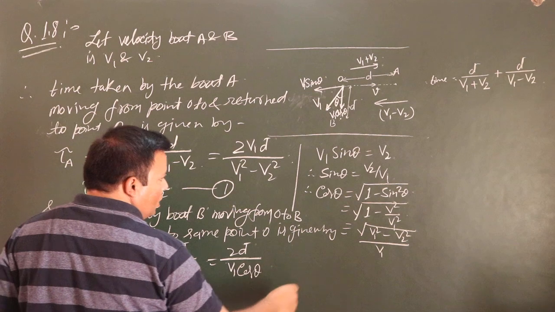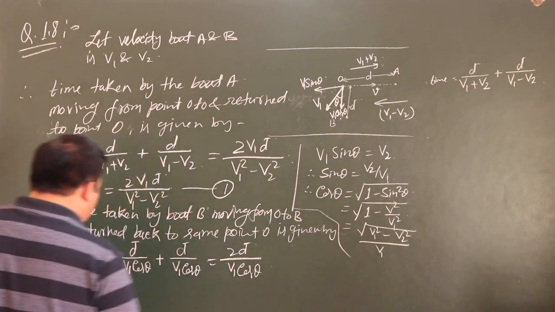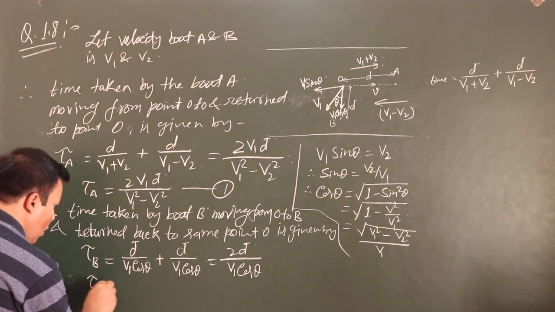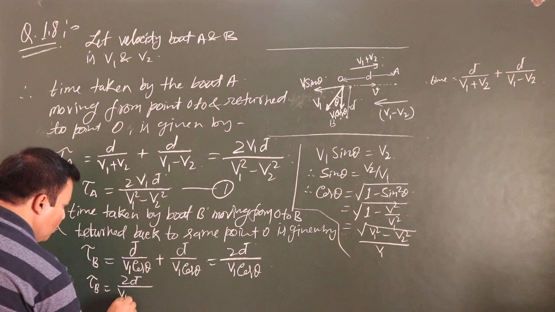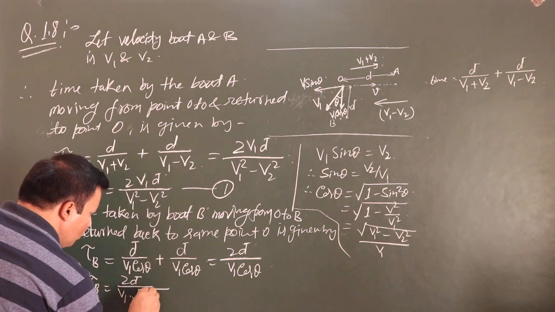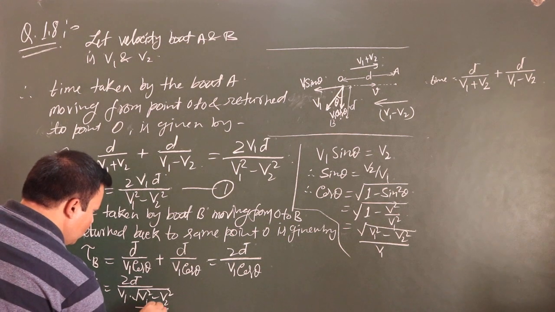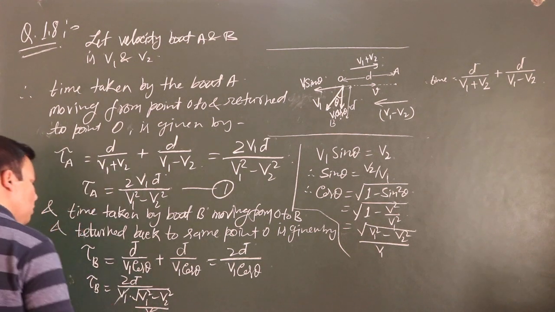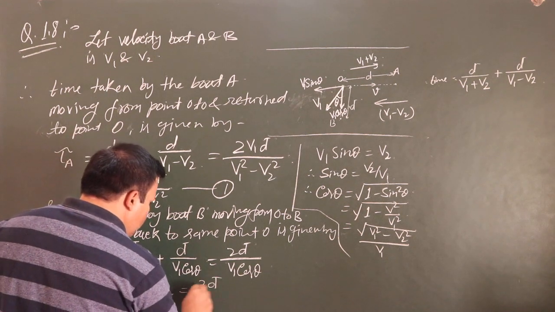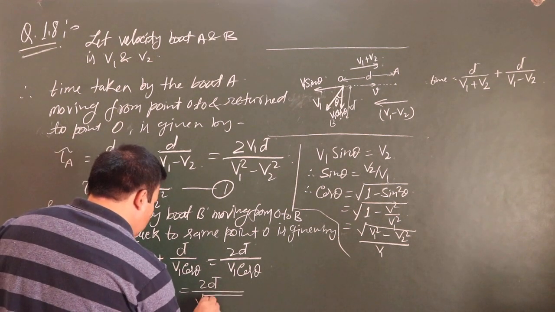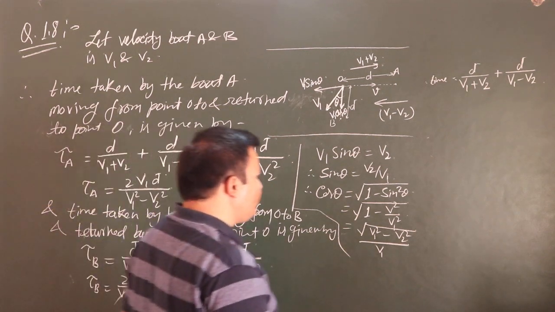Putting the value of cos theta, we get tau B is equal to 2D upon V1 into root over V1 square minus V2 square upon V1. So V1 cancels, and we get 2D by root over V1 square minus V2 square.